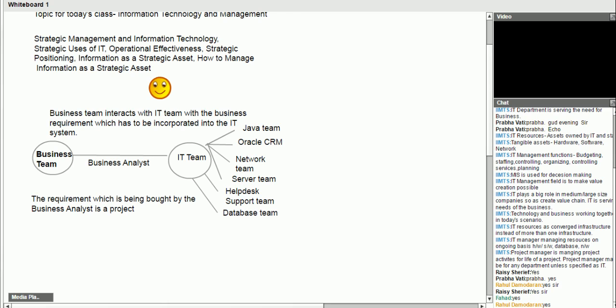and for managing the project you need a project manager whose responsibility is to ensure the completion of the project within the allocated time and budget.